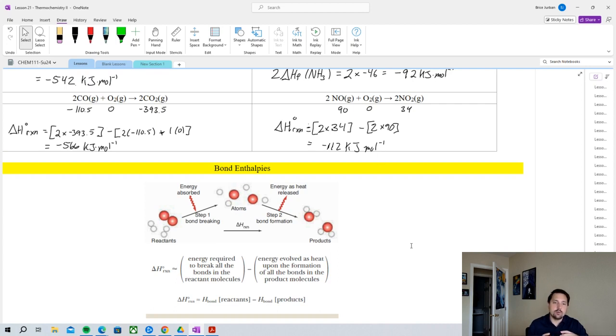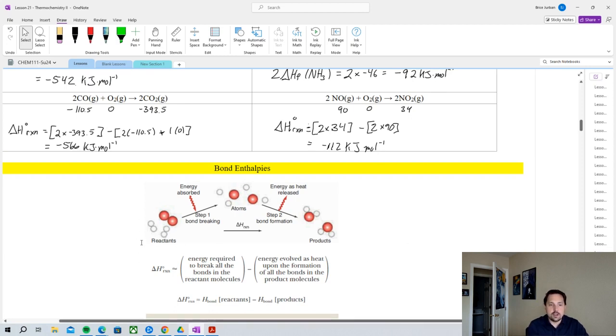And if we want to break apart a molecule, we're going to have to input energy to break the energy of attraction that's stored in that bond. And if we form a new bond between two atoms and form a new molecule, actually we're going to end up having energy that's released in that process, because now those products are more stable, so that excess energy gets released as heat.